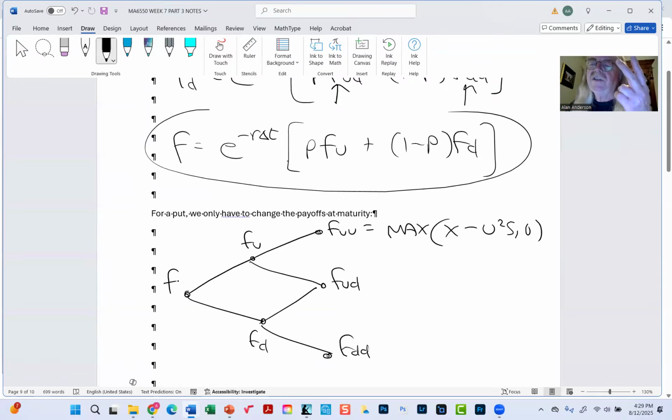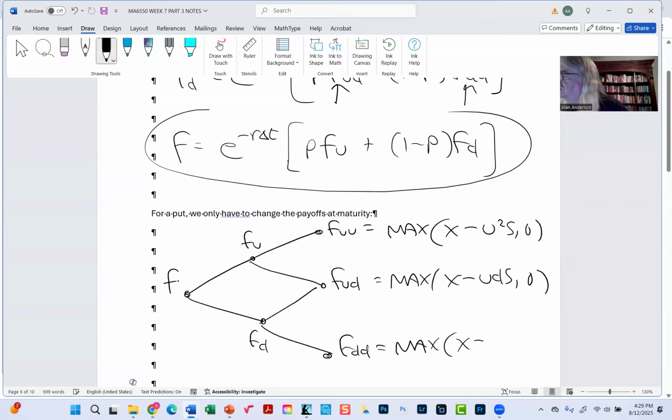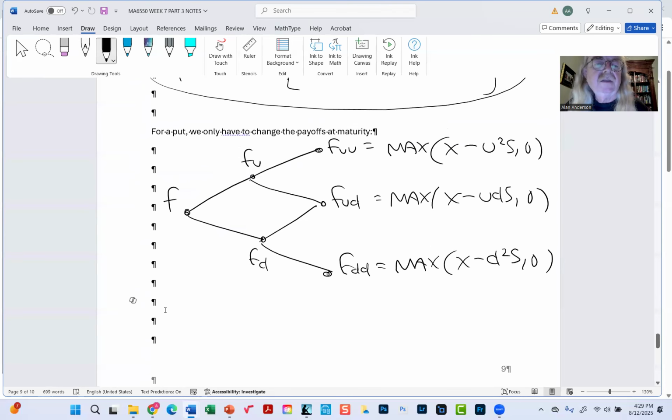So I just reverse the X and the S. Okay. And then the rest of them are filled in exactly the same way. The interior nodes are filled in the exact same way as for the call.